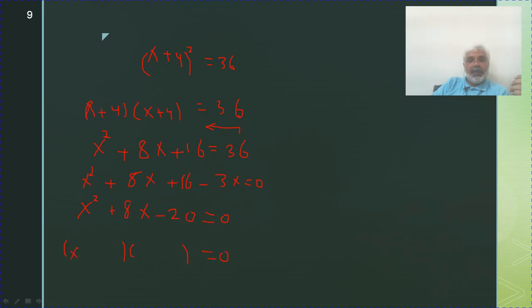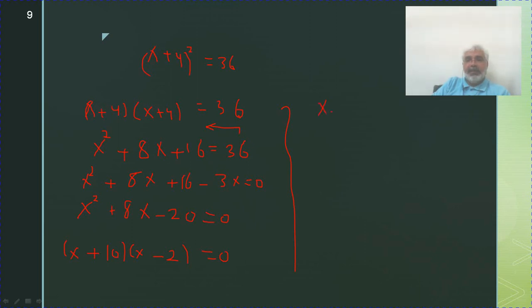You will find that this is x and this is x. Looking for two numbers that, when you multiply them, you get 20, and when you subtract them you get 8. So certainly I'm talking about 10 and 2, and because the last term is minus, the signs inside the two brackets will be different. One of them is plus and the other will be minus, and the sign of the middle term will be given to the largest number. So this is (x plus 10)(x minus 2), and the product of the two brackets equals 0.